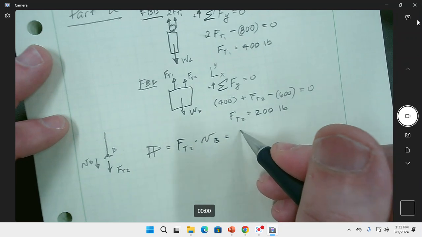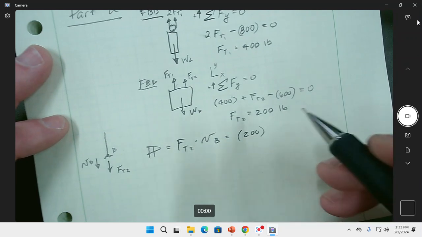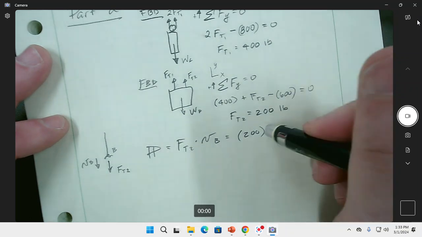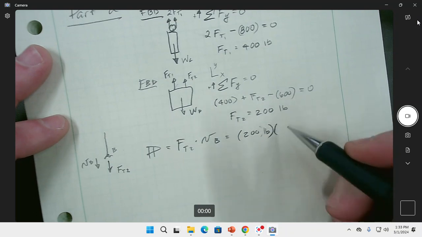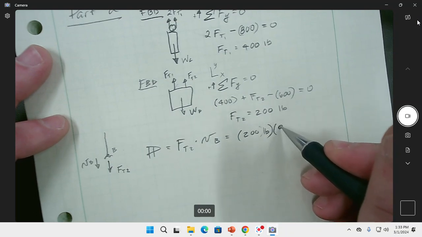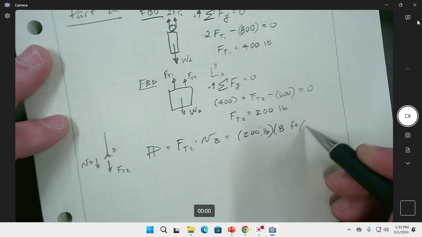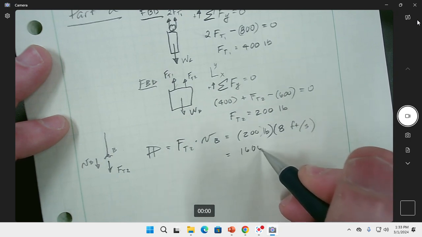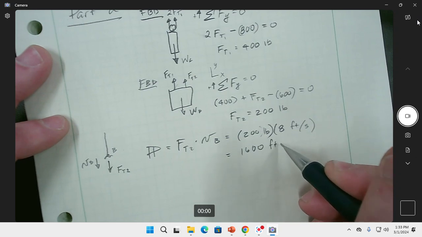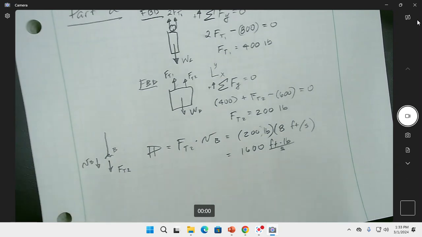So that's going to be 200 pounds times 8 feet per second. So you would get 1,600 foot-pounds per second. I like to say foot-pounds, but that's a weirdness of me. Some people like pound-feet. I don't like them. I like foot-pounds.